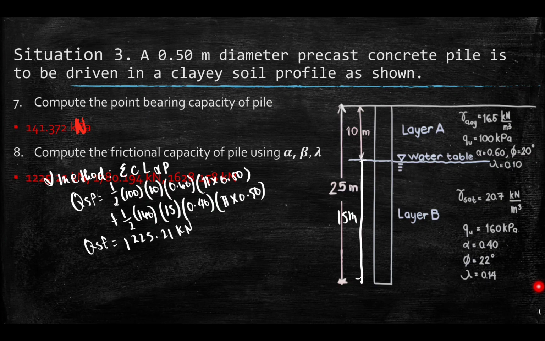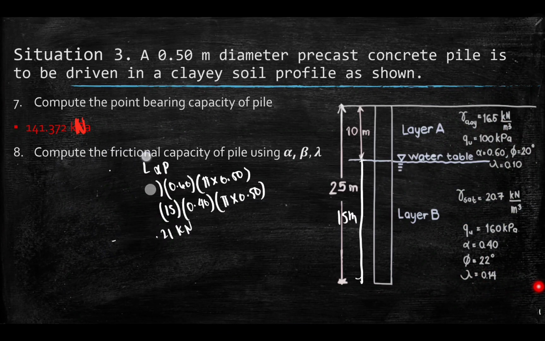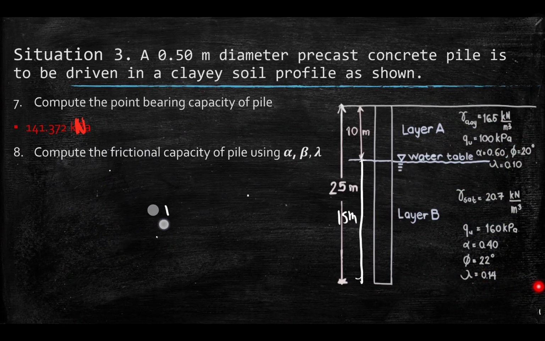Okay? Check natin kung tama. So, sa first part, ito, 1125.21 kN. Next naman, sa beta method, suburahin ko na ito ha. So, 1125 for our alpha method. Sulat ko lang ulit.